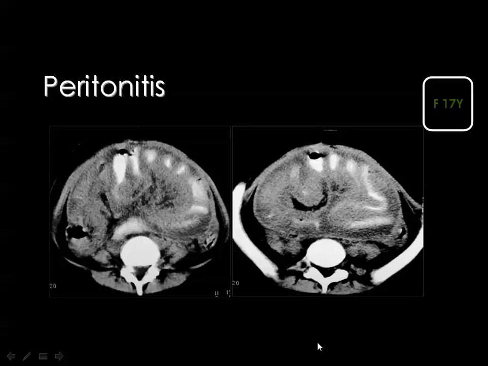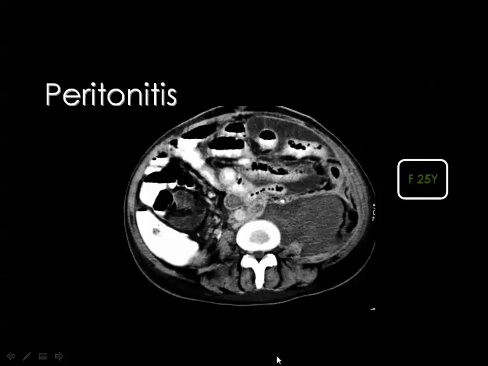And this is a CT appearance of a case of peritonitis, and you can see the peritoneum is markedly thickened, and the small bowel loops are amalgamated within the inflammatory reaction within the peritoneal cavity.